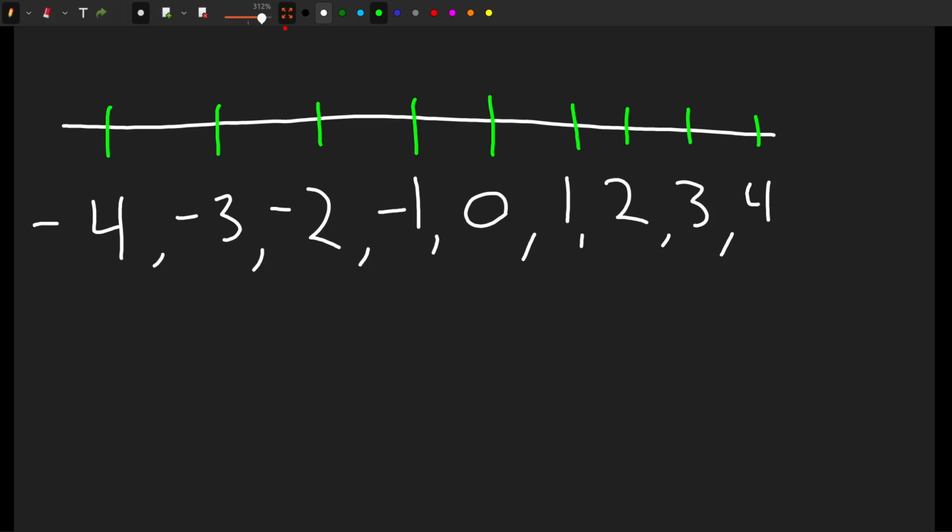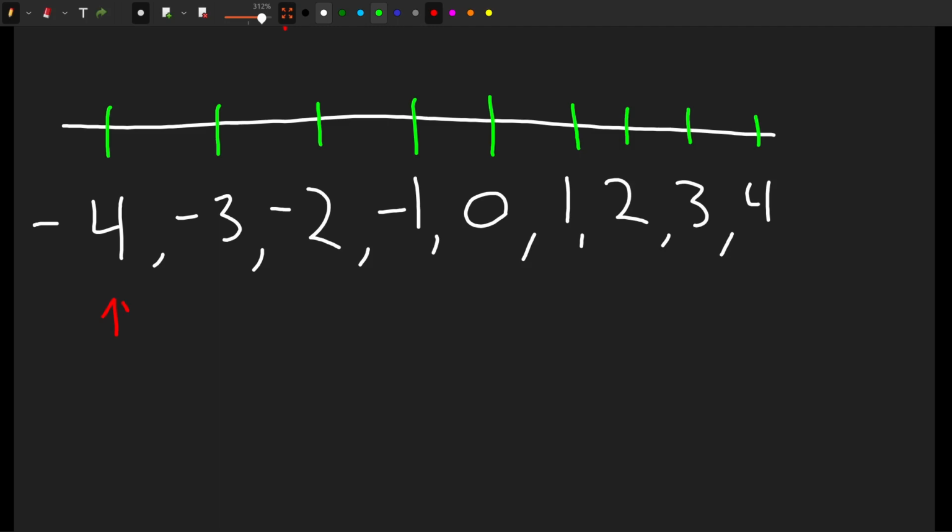The opposite of -4, which is this guy right here, we can simply go however many spaces to the right to 0, count out how many spaces we went, and then go that many spaces past 0.